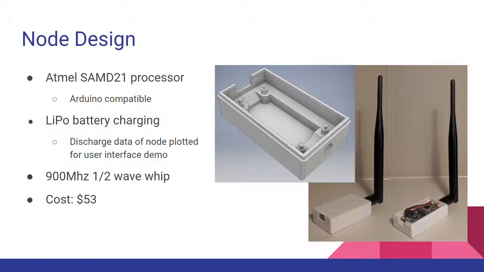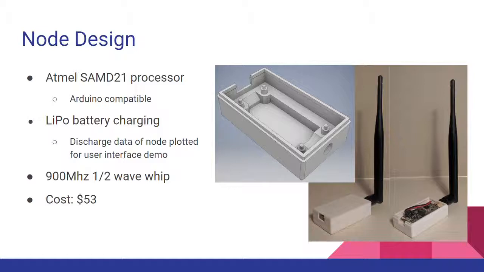That board costs about $35 that has the radio on it. And then there's a LiPo battery sitting under there in the figure in the bottom right, as well as the antenna, and all that put together costs about $53. That's not including the cost of the material for the printed enclosure, but that's negligible compared to the rest of it.